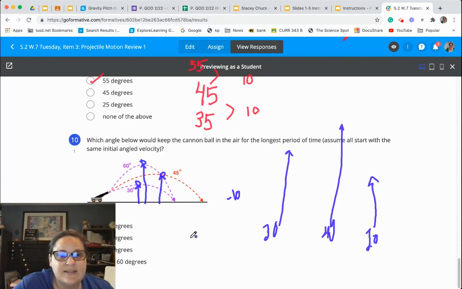Now, this is the result of the fact that velocity at an angle is actually a vector quantity. This is a concept we didn't cover very much, but basically every motion in this case has a vertical amount and a horizontal amount. If you have a lot of horizontal amount and a little vertical amount, you'll have a low velocity vector.